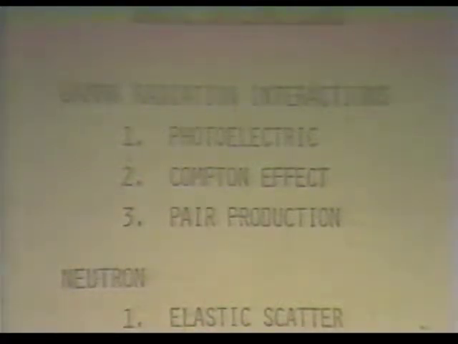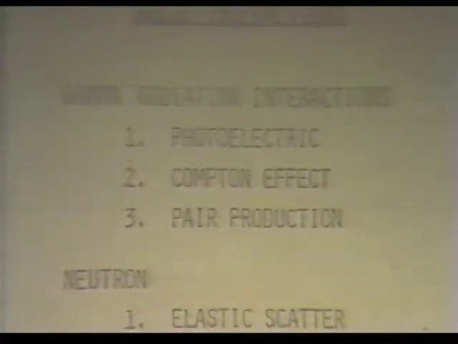Usually we're not too concerned with that because what we call the cross-section, or the probability of it interacting with your material, is very small for pair production compared to the other two. So we don't fool with that one much, but we do talk a lot about photoelectric and Compton. Okay, and I'm going to give you a little more picture of this a little later.